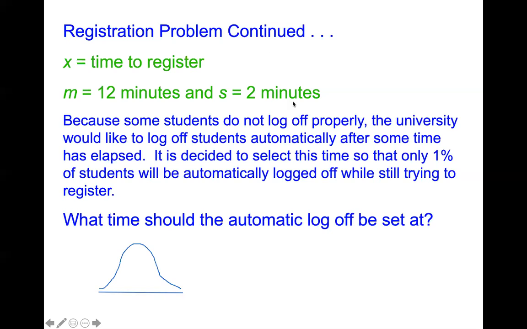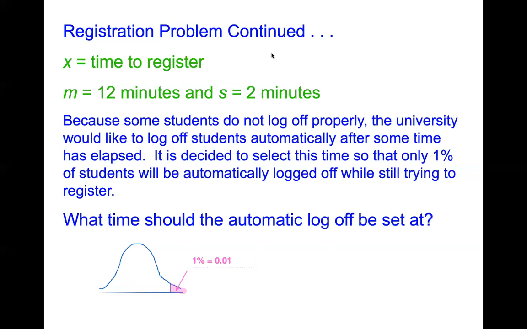All right, and then the 1%, so the students who take the longest, right? The most amount of minutes. So I'm going to put my 1% at the very top here. I'm going to draw a line. And this shaded region, at the very top here is 1%, or in decimal form, 0.01.